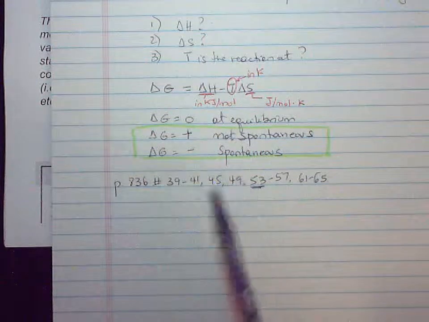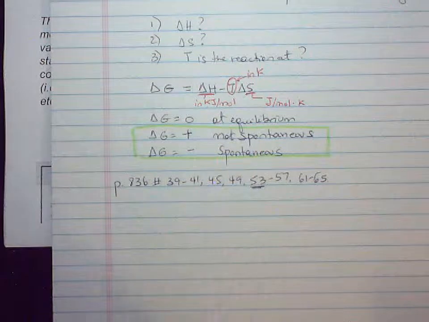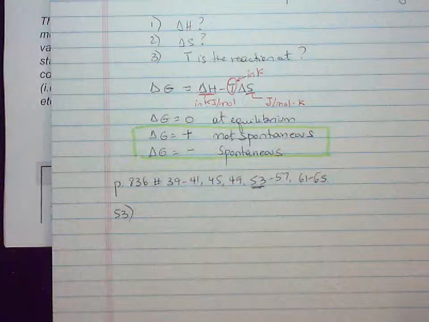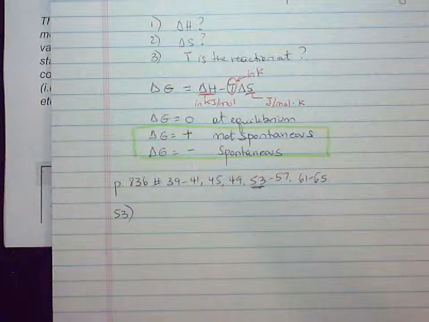I want to go over 53, though, with you, just to make sure that you grasp it. So question 53, let's take a look at it on page 836, and then we'll move on from this particular point.